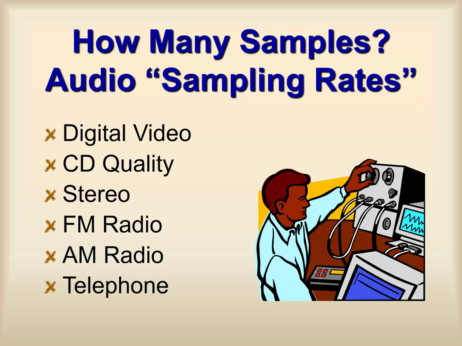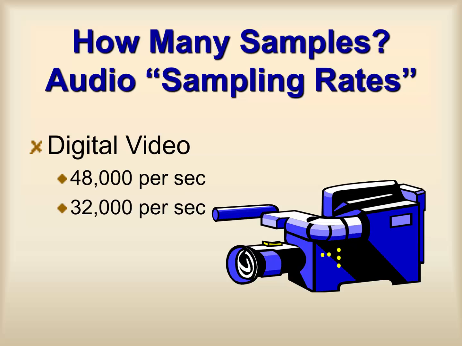Finally we get up to CD quality, which is really as good as it needs to be for 99% of the population. And then of course we have digital video, which is above and beyond that. Of course, more than just audio, but higher rates are required to capture a lot of digital image, video, and sound. In fact, digital video requires as much as 48,000 samples per second.